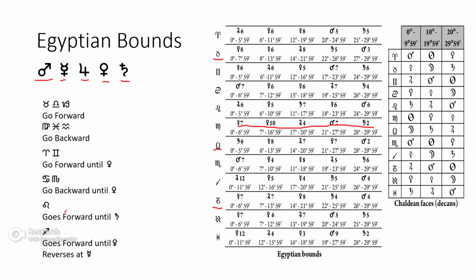It's the only one that has the same schematic. So Leo again goes forward until Saturn. So Jupiter, Venus, Saturn. It then reverses and chooses Mercury and then Mars.